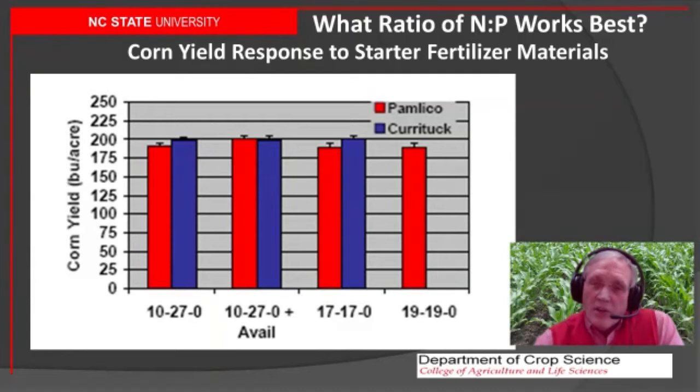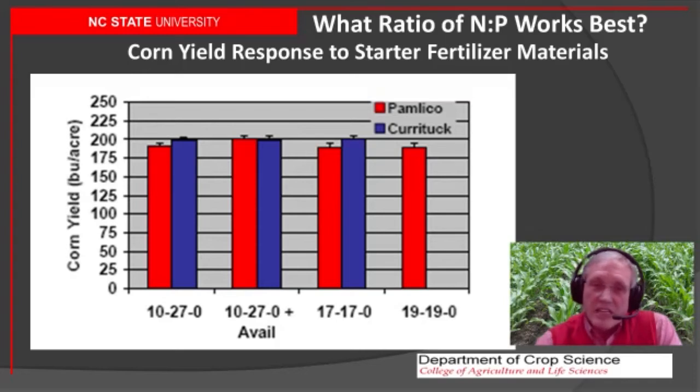Now, there's reasons typical today. I've been using a 10-27 fertilizer with micronutrients added to it, and there's reasons for me to do that. When I tried to use 17-17 or 19-19, the problem with those materials is they're not stable in cooler temperatures. And I'm carrying fertilizer on a trailer across the state.